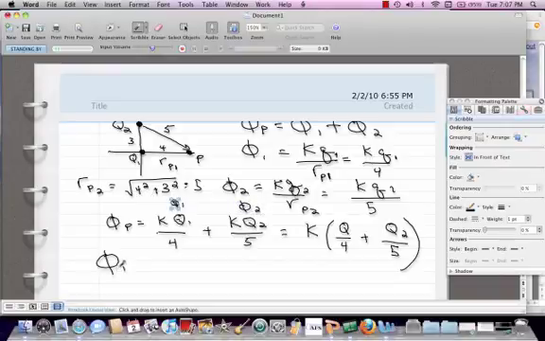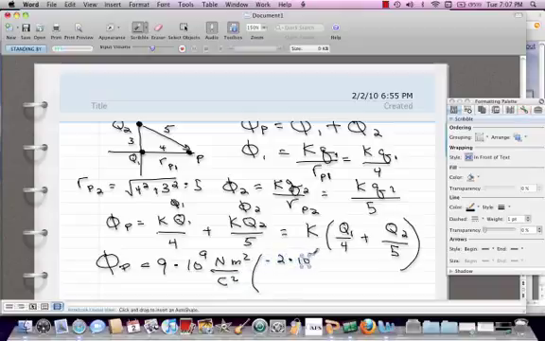So phi P equals, K equals 9 times 10 to the 9th newton meter squared per coulomb squared. And my Q1 is negative 2 times 10 to the minus 6 coulombs divided by 4, plus 3 times 10 to the minus 6 coulombs divided by 5.